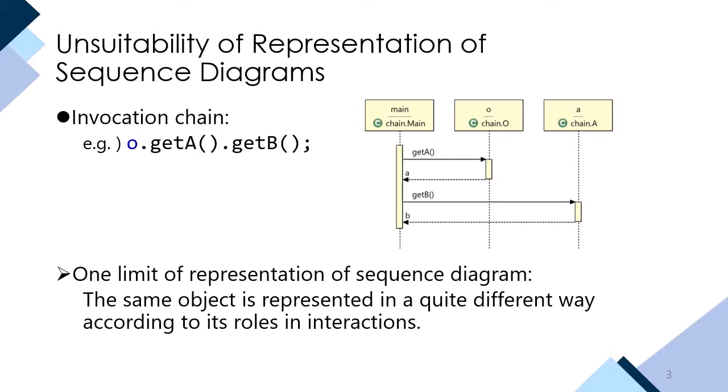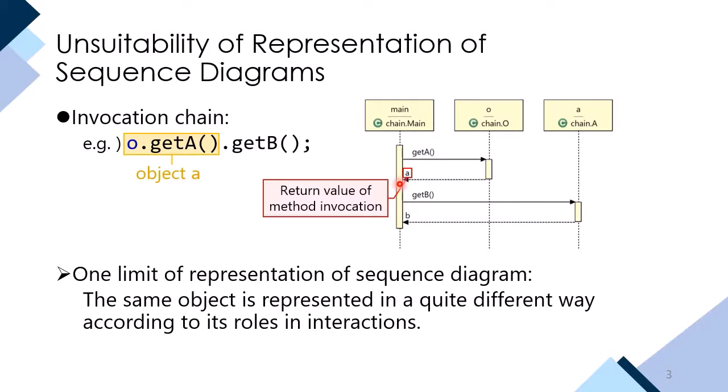Let's consider an example of invocation chain. This code can be represented by this sequence diagram. The object A returned from getA method is represented above this arrow in the sequence diagram. Here, please notice that the role of this object is the return value of the invocation.